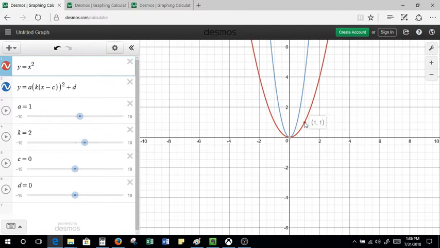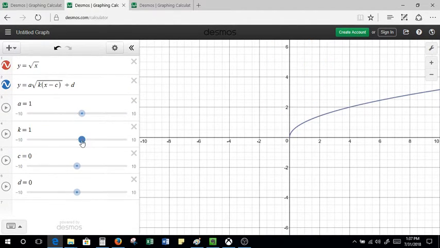So let's see if that's true. At 1, 1 in our original graph, so for the same vertical distance, so 1, we would expect to go half as far. Horizontal shrink by a factor of 2, and we see that that is so. We went half the horizontal distance. So again, for the same vertical distance, we did a horizontal shrink by a factor of 2, so we went half as far in the x value.